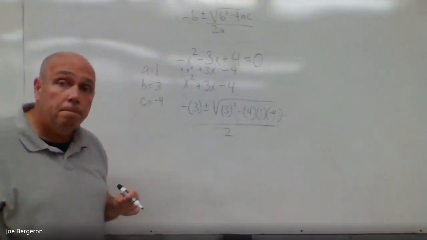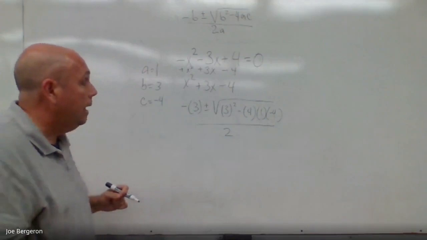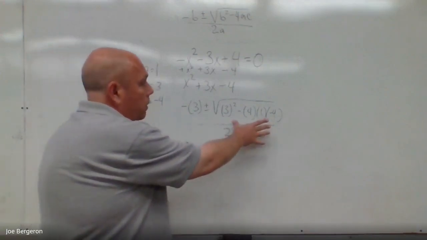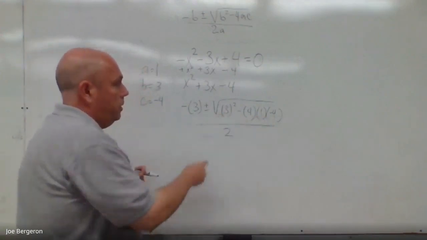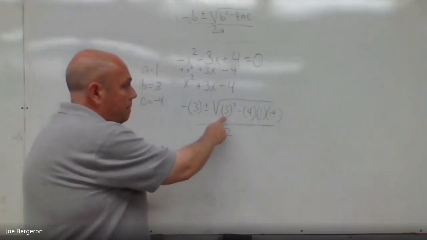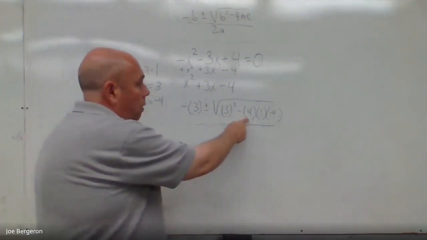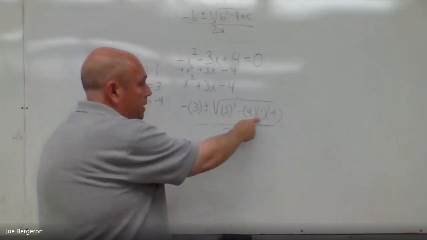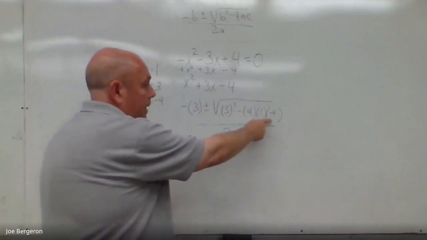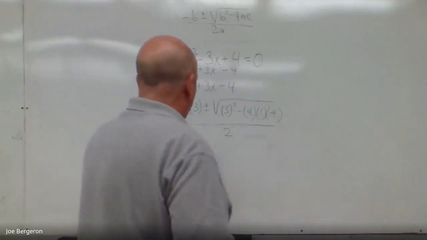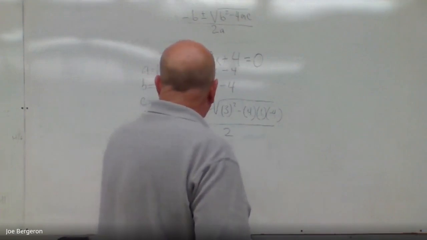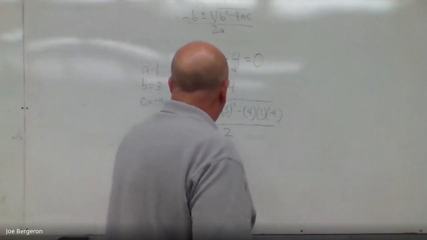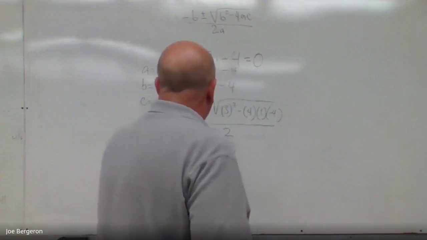Okay. Now, we want to immediately work on what's under the discriminant first. And 3 squared is 9. And negative 4 times 1 is negative 4, times negative 4 is 16. So what do we have? We have negative 3 plus or minus the square root of 25 divided by 2.